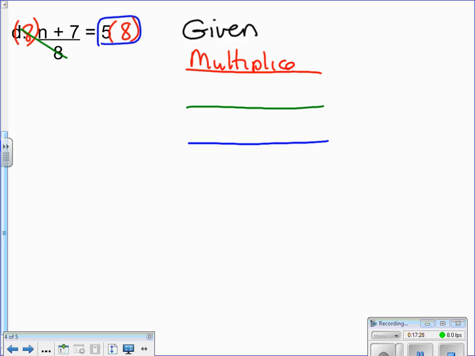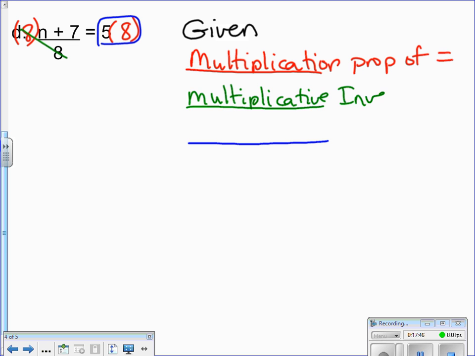Multiplication property of equality. Crossing out your 8's, multiplicative inverse. Actually doing 5 times 8, turning it into a 40.